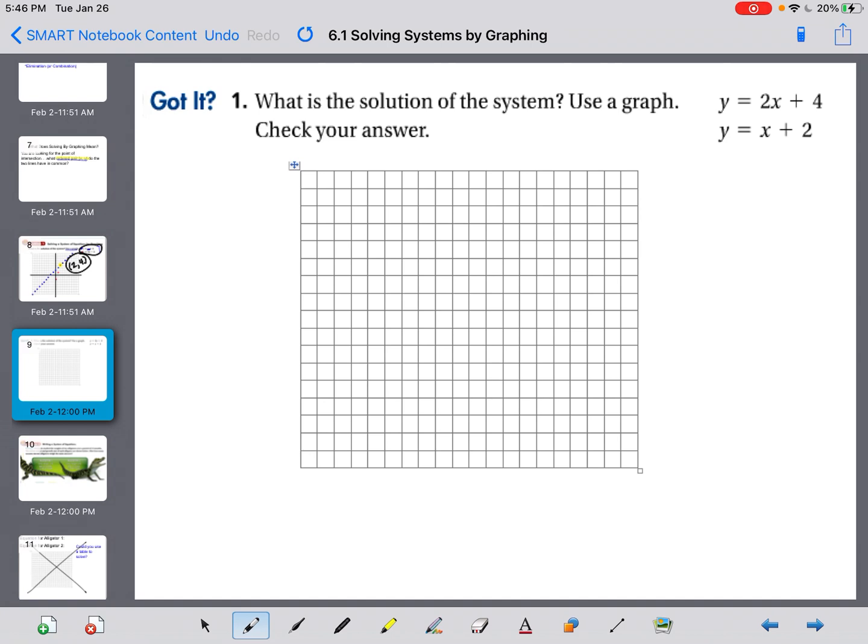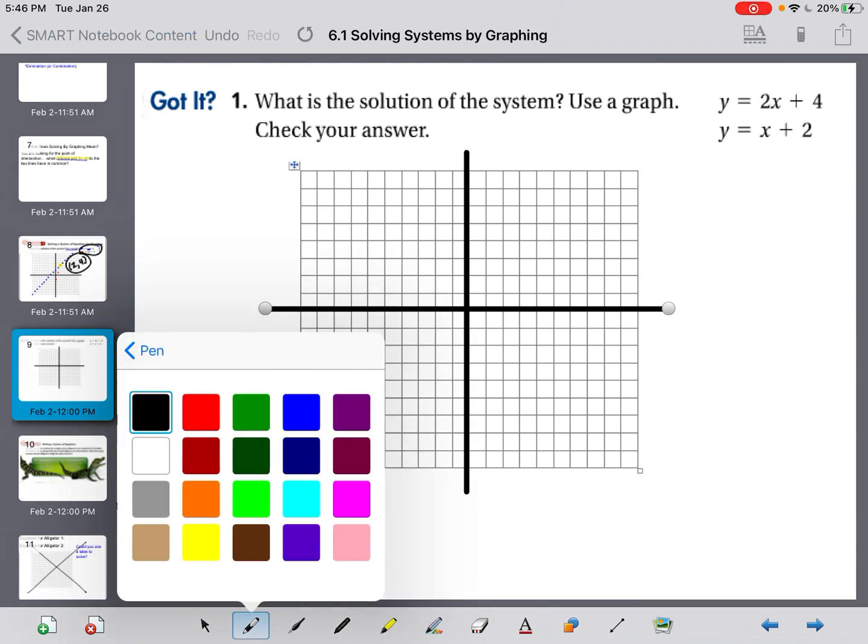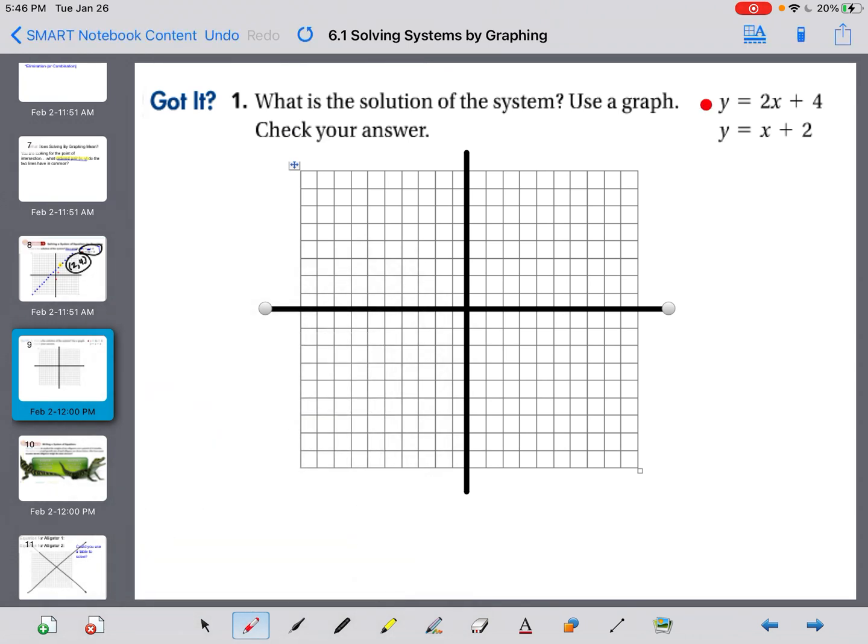Okay, we could try that again with this one, just to double check that we know what we're doing. I'm going to start with the first line. We'll do that in red. Start at 4 and go up 2 over 1, down 2, back 1. I like to go all the way across.